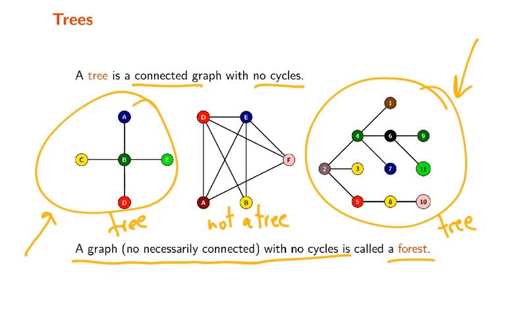So, for instance, if we consider the set of just these two graphs that we have here, the first tree like this and this other one, we can say that this set, with the two components, is a forest. So a forest is something whose connected components are actually trees.